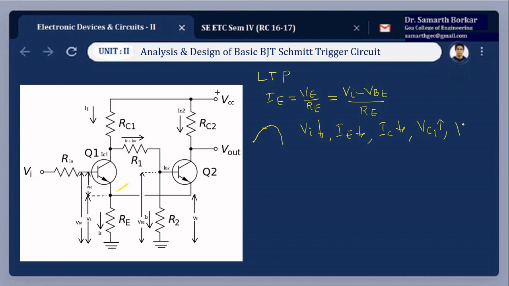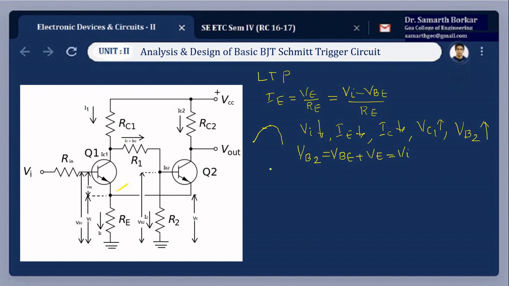So if VC1 increases, naturally VB2 will increase. When Vi is decreased to a value such that VB2 equals VBE plus VE, equal to Vi, Q2 will begin to turn on.